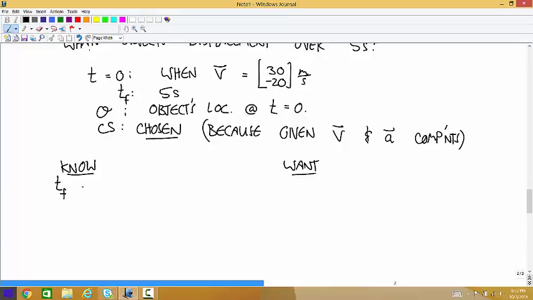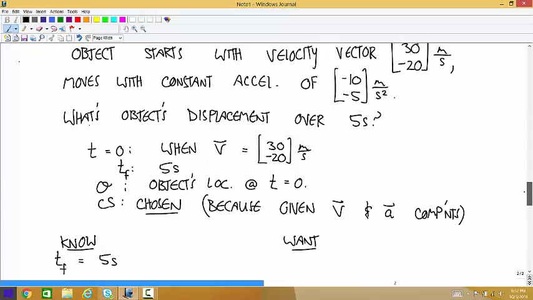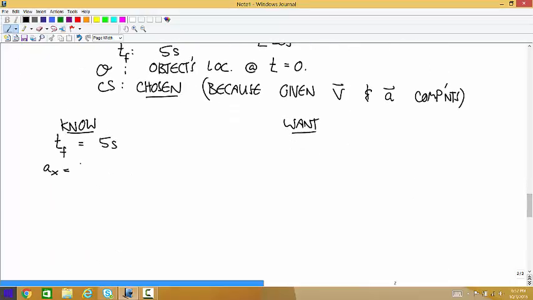Yep. That's 5 seconds. Do we know anything about the acceleration? Yep, that's given. So AX is negative 10. AY is negative 5.